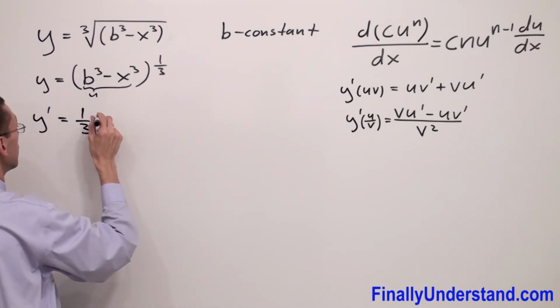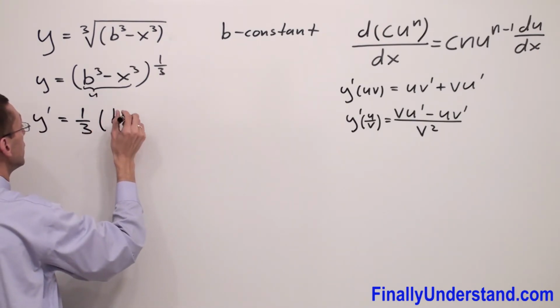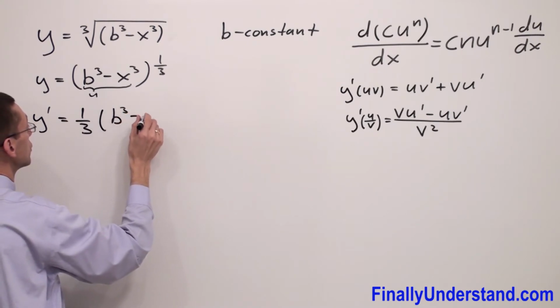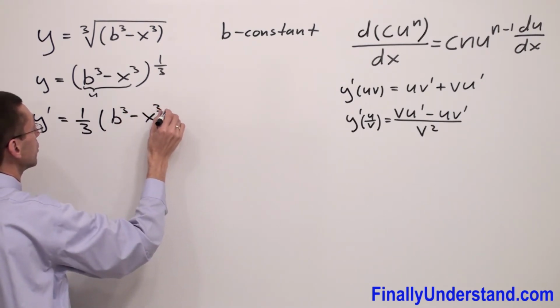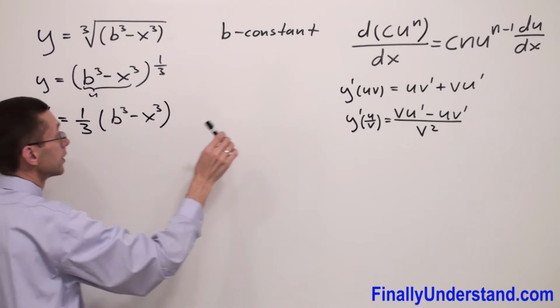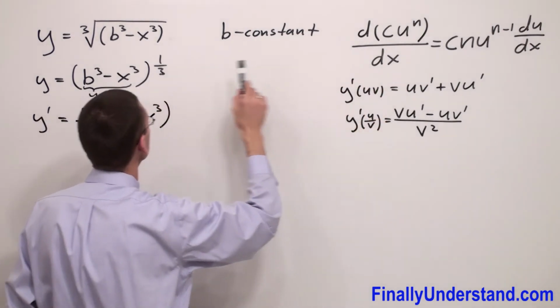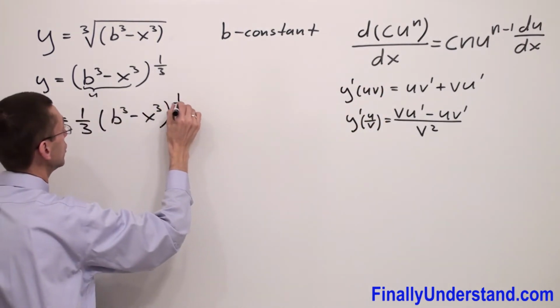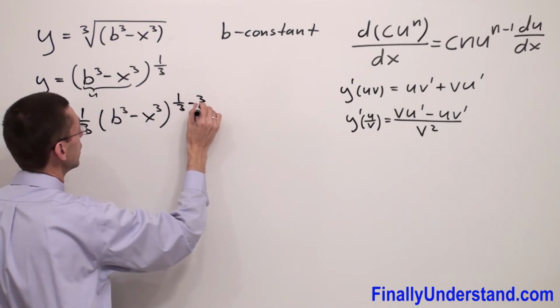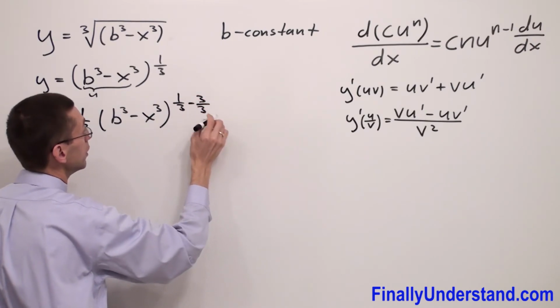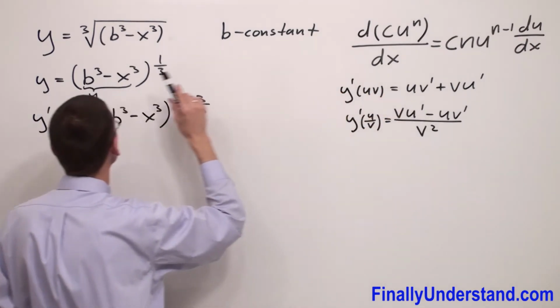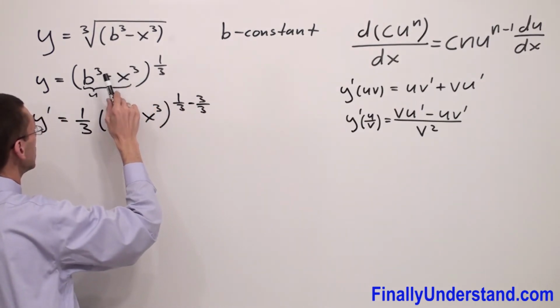So I have b to the third minus x cubed. Next, I have to subtract 1 from the exponent. So I have 1/3 minus 3/3, times the derivative of the content of the parentheses.